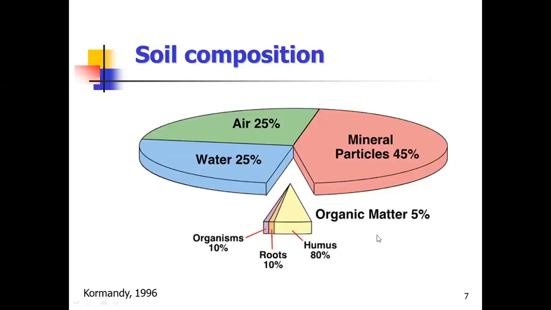Out of the organic matter, the bulk of the organic matter is humus. Humus is decayed vegetation. So if you think about what is soil, you have a lot of decayed leaves, grass, all that kind of material. And as it decays, it becomes humus. Humus is this black colored material that looks like peat or moss.